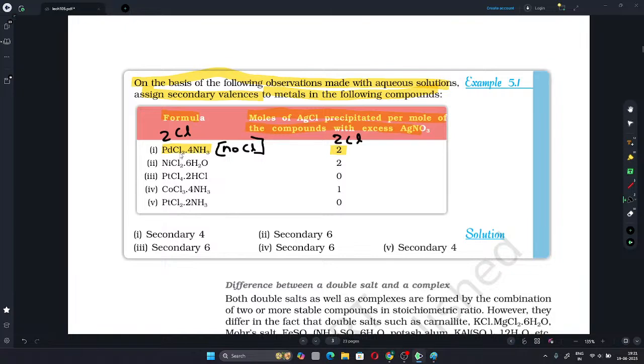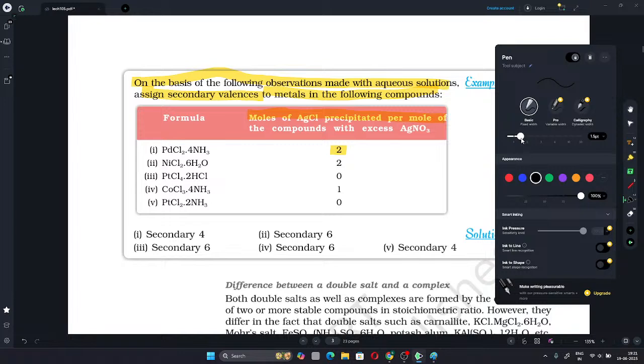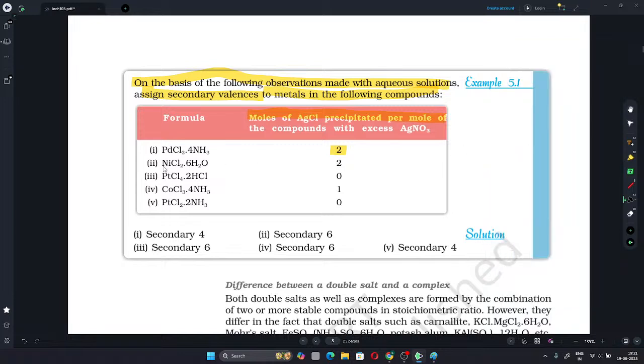So the secondary valence for Pd should solely come from 4NH3. In that case, the secondary valence should be 4 for PdCl2·4NH3. In the second case, NiCl2·6H2O, even water can act as a ligand, a neutral ligand.